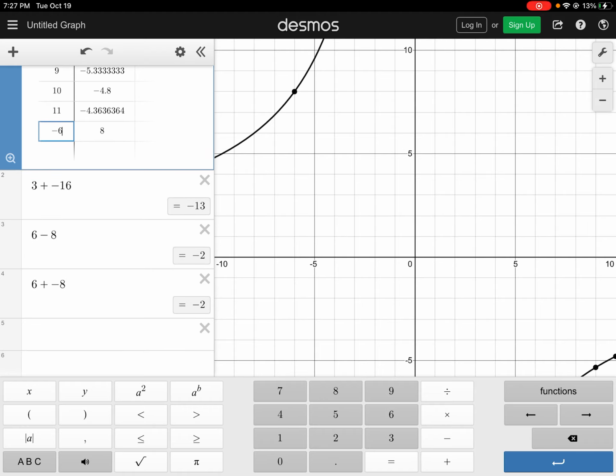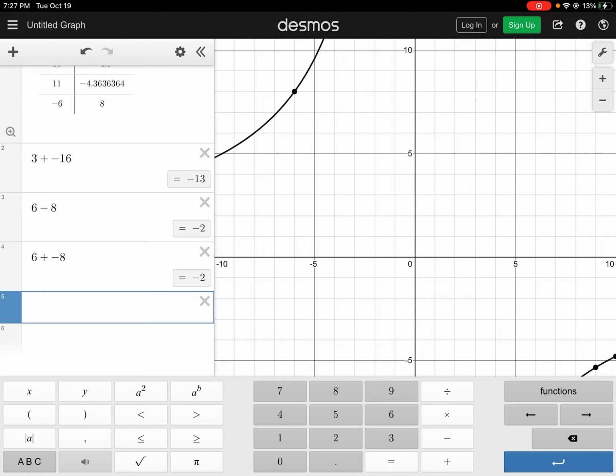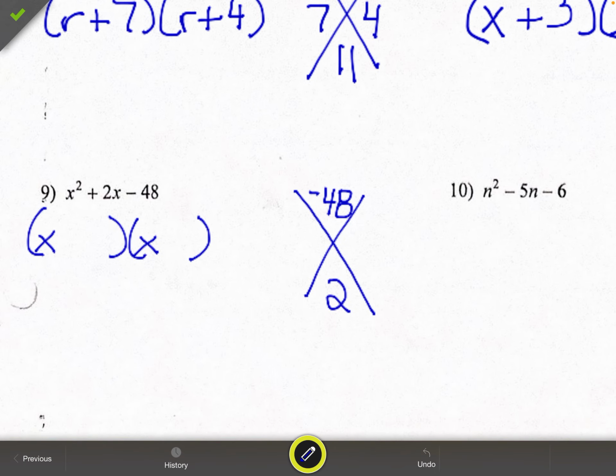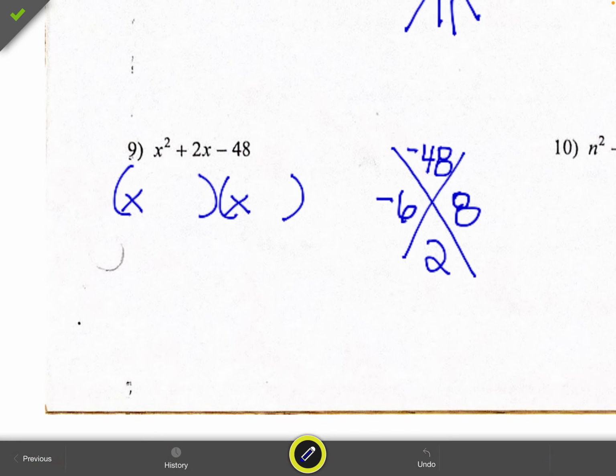See what it kicks out. Positive 8. So negative 6 plus positive 8, there is my 2 that I'm looking for. So the X puzzle, when we solve it: negative 6 times 8 is negative 48. Negative 6 plus 8 is positive 2. Now take what you solved, minus 6 plus 8. Check it in Desmos. Rock on.